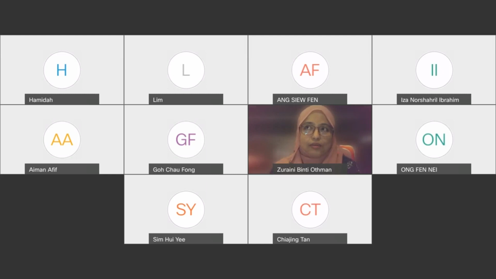Previously, my first degree was in applied maths, which is computer modeling, and I furthered my study for a master's in applied science in USM, and just finished my PhD in image processing, artificial intelligence majoring.